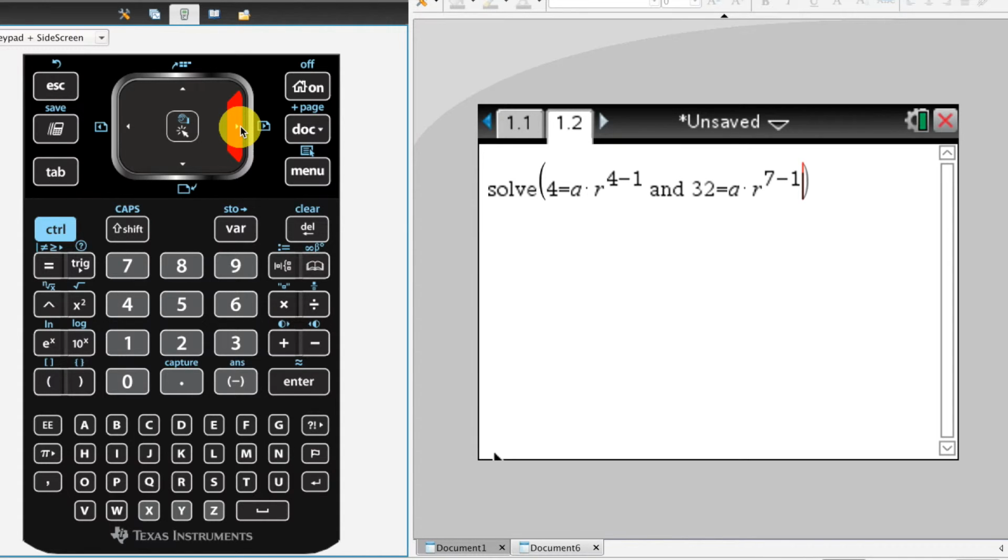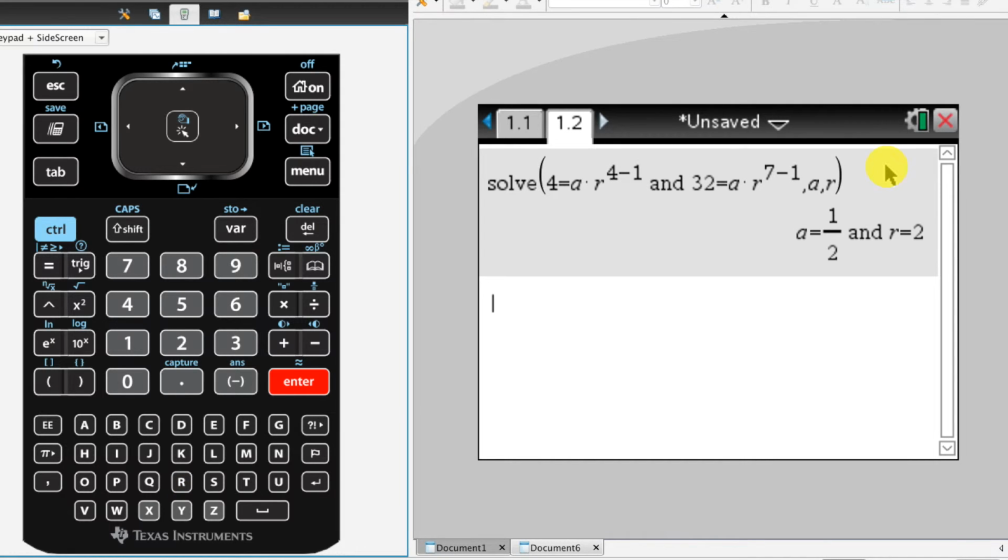What am I going to solve for? Well, I don't know what A is, I don't know what R is, so I'm just going to go comma, A, comma, R. So what I've got here is that 4 equals A times R to the power of 4 minus 1, and at the same time, 32 is equal to A times R to the power of 7 minus 1, and we want to solve for A and R. If I hit enter, you can see I get A equaling a half and R equaling 2.